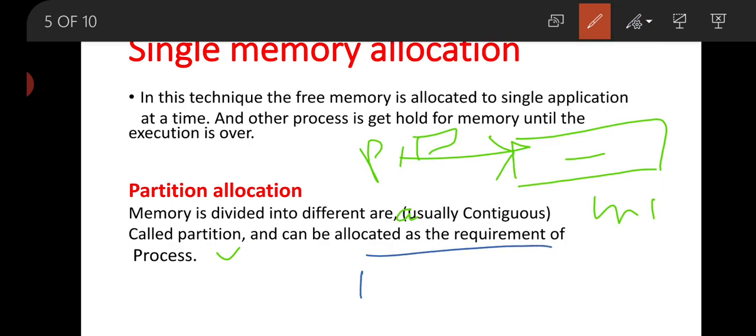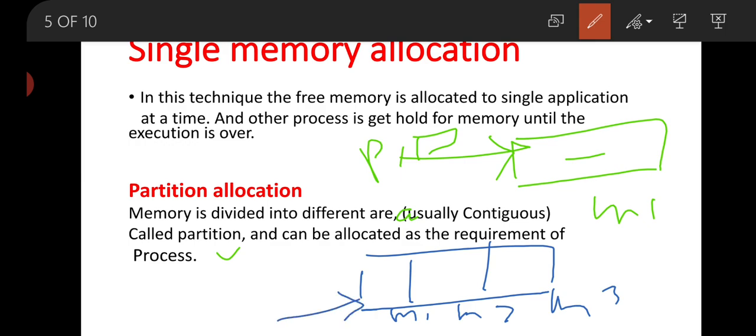Suppose that this is the memory block. Now this memory block is divided into different sections, suppose memory blocks M1, M2, M3. Now the single memory block is divided into three parts, and this is called partition of the memory. And now three processes can be done at a time.